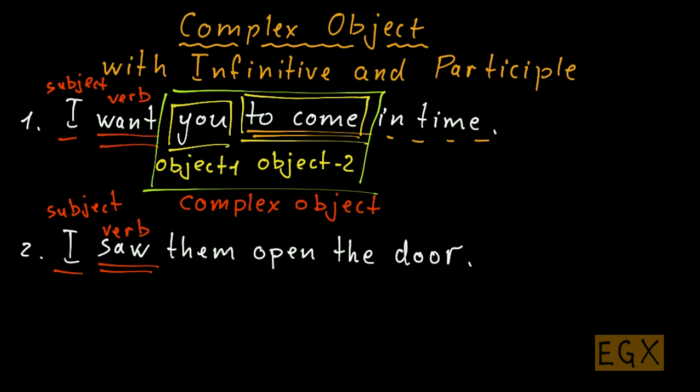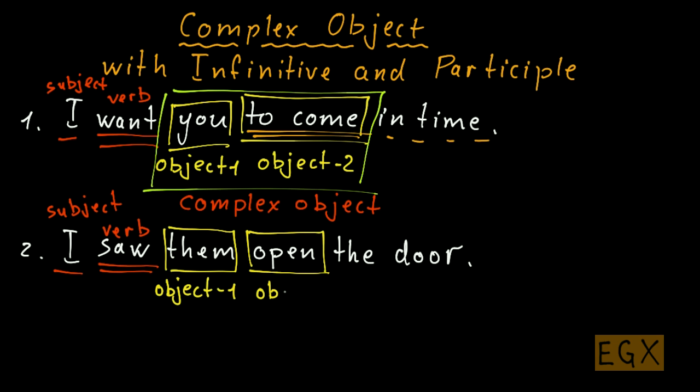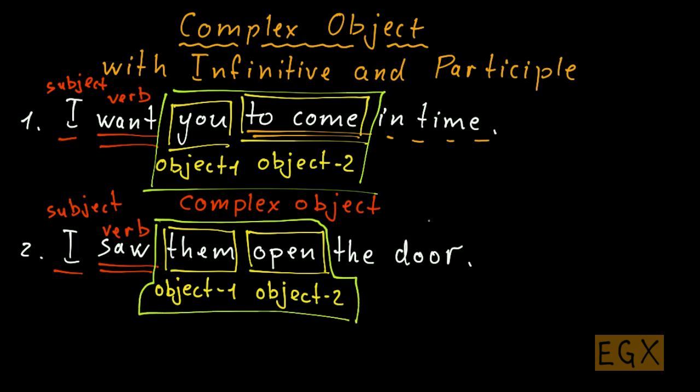And of course, we have the first object. And we have the second object. This is infinitive, but it is without to. It is so-called bare infinitive. And this is it. This is my complex object.